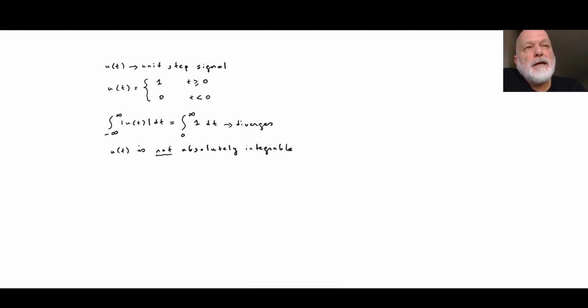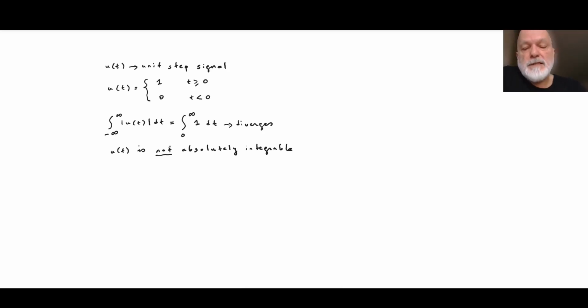But remember, we have seen some cases where this condition is not satisfied, but still we can find the Fourier transform. But in that case, the Fourier transform becomes infinite at certain frequencies, at a single frequency or at multiple frequencies. So this is such a case.